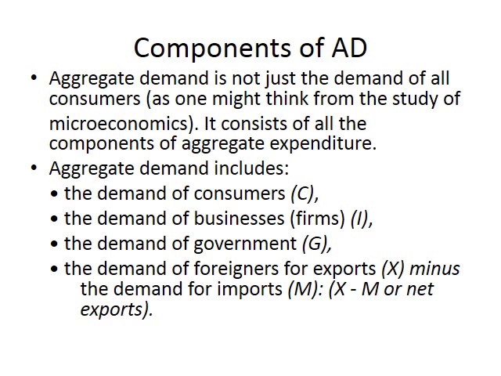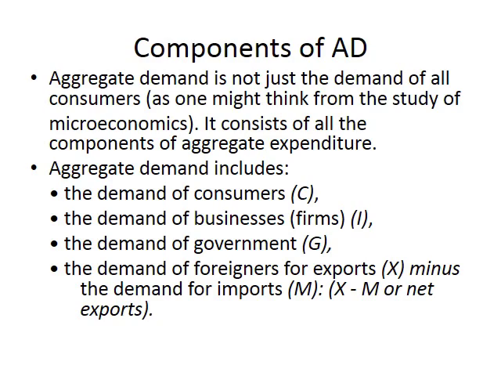Components of AD. It's made up of 4 different components. It's not just the demand of consumers. So in your definition, do not put the term consumers. That's only one component. It consists of all the components of aggregate expenditure, so whoever can be spending money acquiring things.